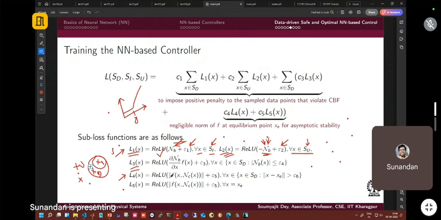Whatever output we get, this has to reduce, considering that this is what we are trying to achieve. The lower this is, the more stable we are. So if this is high, then we are imposing high loss, and if this is low, then we are imposing less.